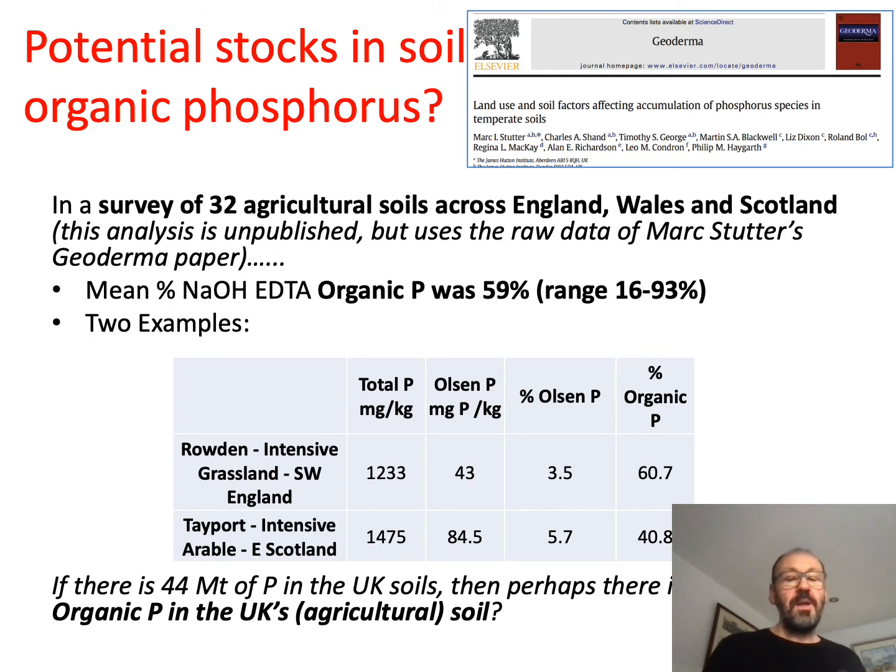But it's really interesting, if you just stop and pause and think about it, spend a minute on this. If you take a grassland, this is a grassland here, the total phosphorus in that grassland soil, all of the forms, inorganic, organic, everything, was in this example 1233 milligrams per kilogram. The Olsen's P, the agriculturally available form, was 43 milligrams per kilogram, which represents only 3.5% of the total.